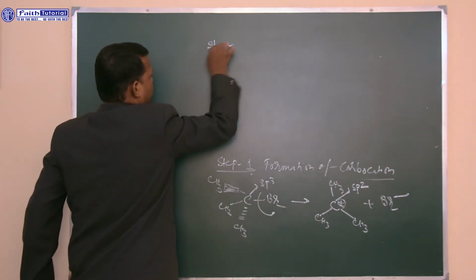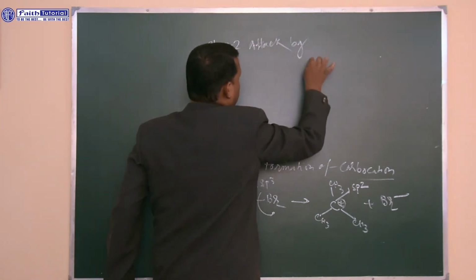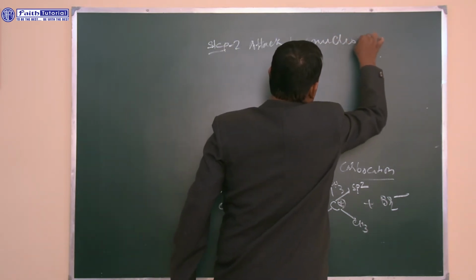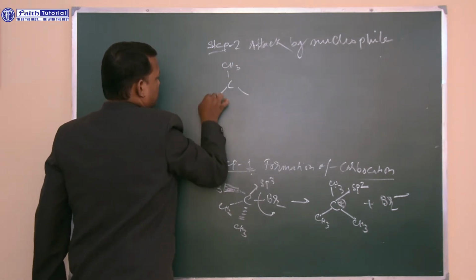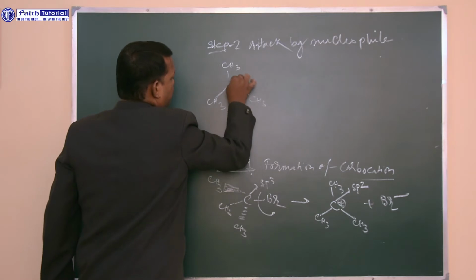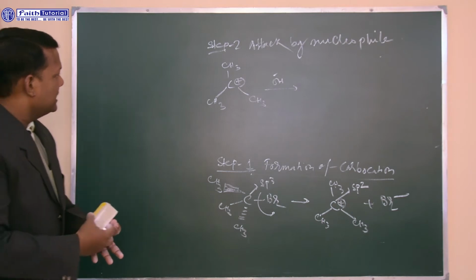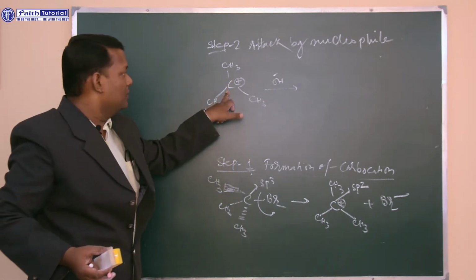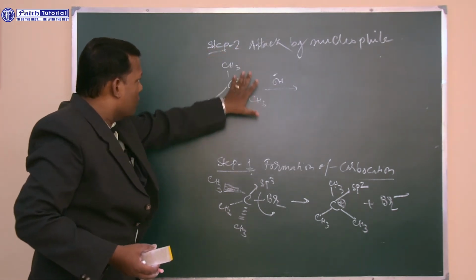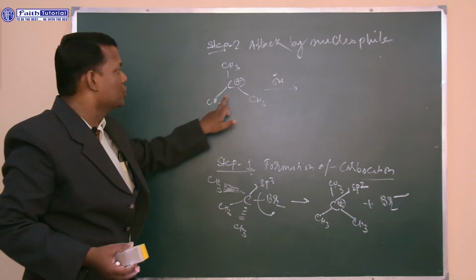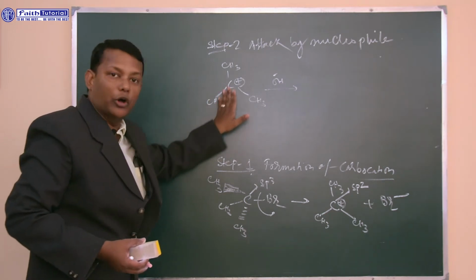Step 2, attack by nucleophile. OH minus is coming. In that case, OH minus can't attack this carbon on the plane, because this plane is surrounded by three bulky CH3 groups. So OH minus has no option to attack this carbon on the plane.